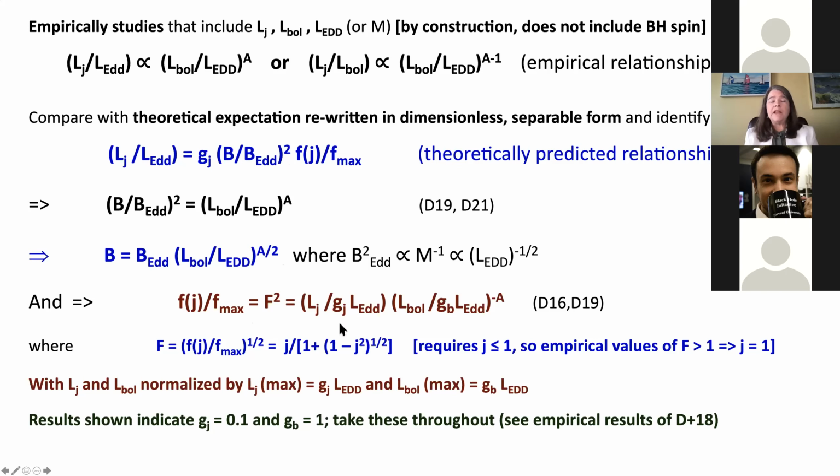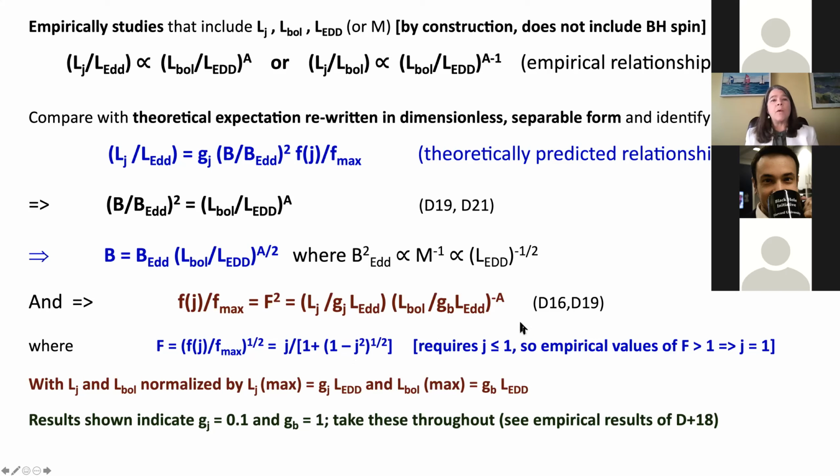Now, when we solve for capital F squared empirically, occasionally it is larger than 1. And so when we go to map capital F to J, our spin, we have to take values of F greater than 1 and map them to a spin of 1, because this term, square root of 1 minus J squared, does not allow values of J greater than 1.